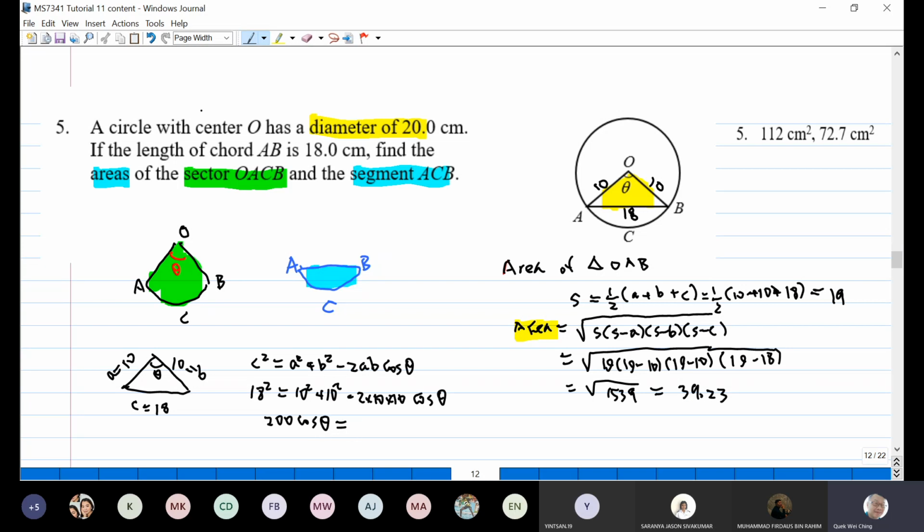Okay, 200 cosine theta equal to what? 10 square plus 10 square minus 18 square. So let's find out what this is. So 10 square, which is 100 here, plus 10 square minus 18 square.